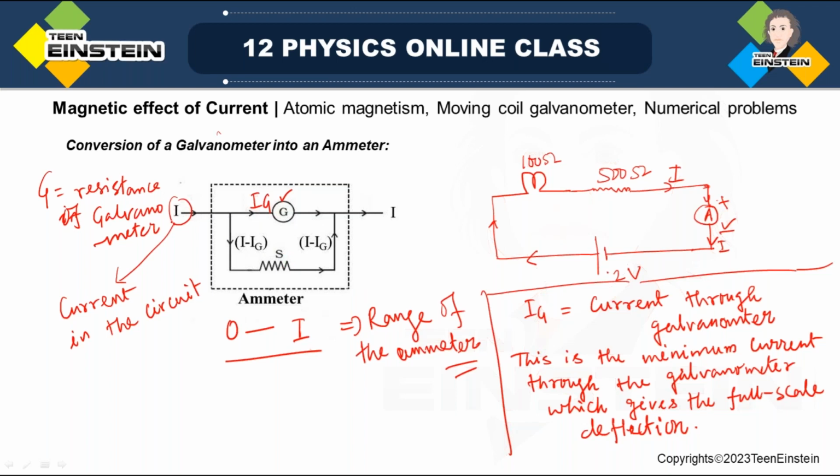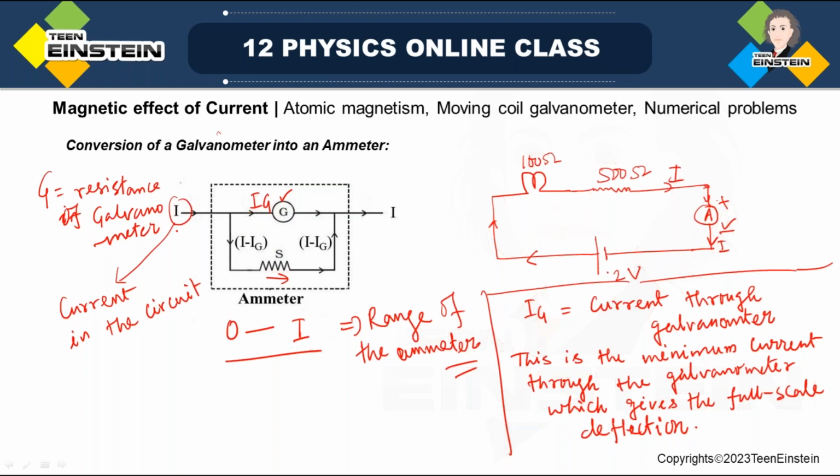That means the maximum current in the circuit will pass through the shunt, and very negligible current will pass through the galvanometer, so that there will be no much voltage drop across this ammeter. Power loss will not happen and the current in the circuit will not get modified.